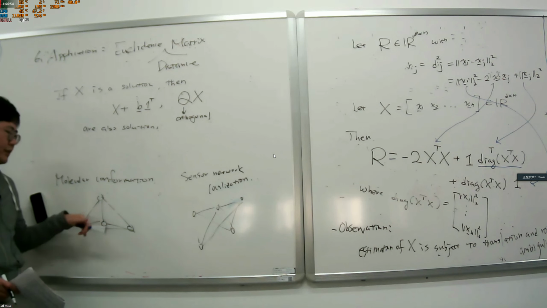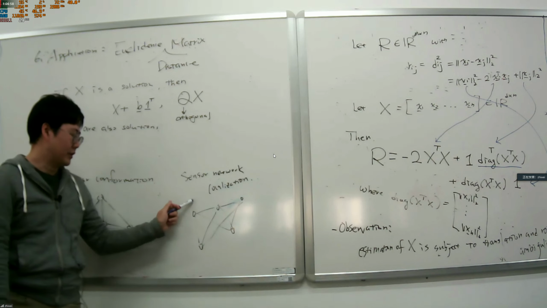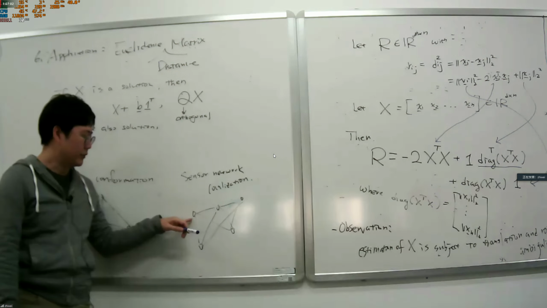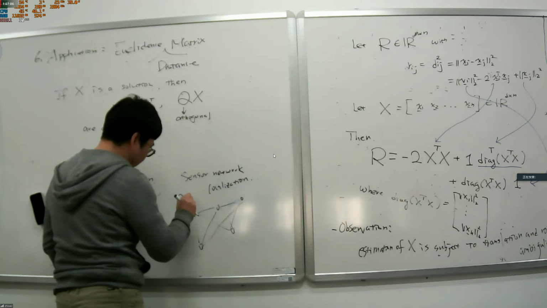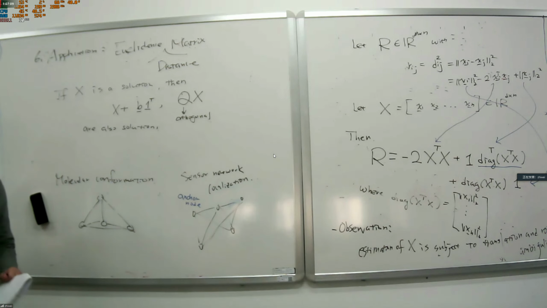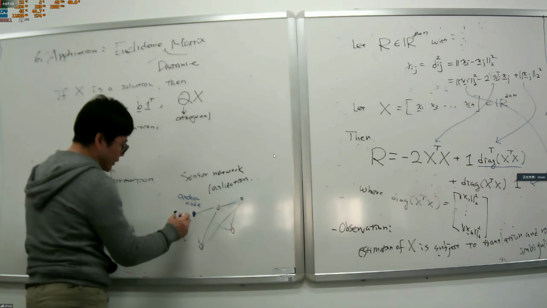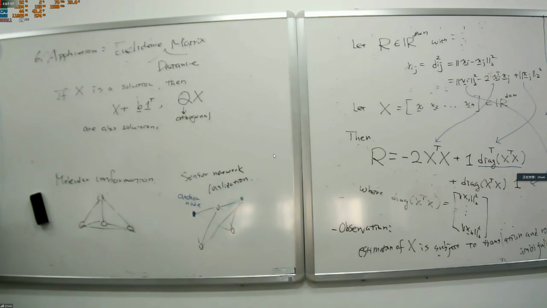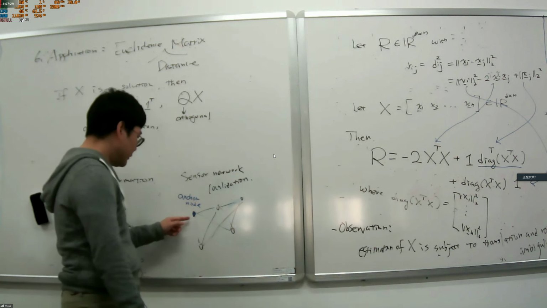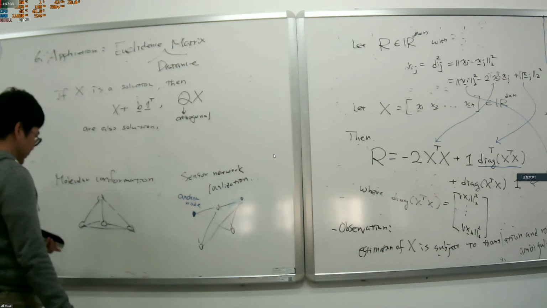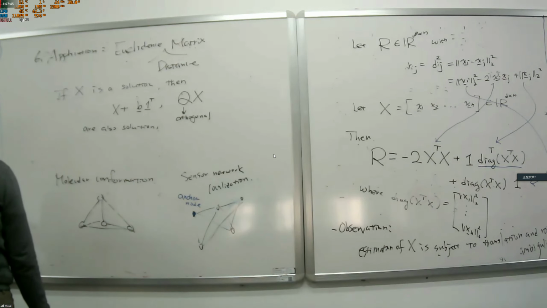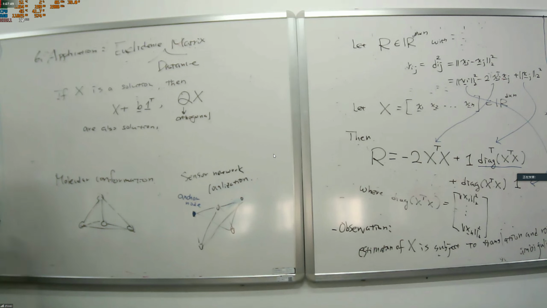In this molecular problem, this is fine, because there is no absolute position. But for this sensor network application, you need to have some so-called anchor nodes. For example, for one of the anchor nodes, you know its exact location. There are some reference points. Then you fit the solution you get so that at least the reference point is right. Any questions here?